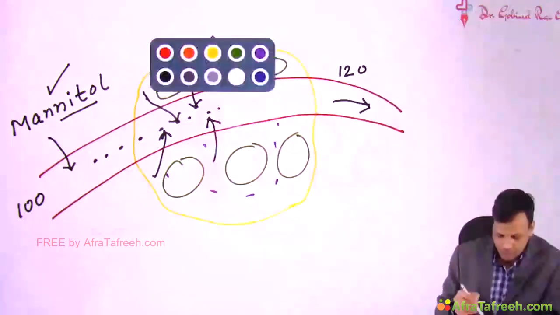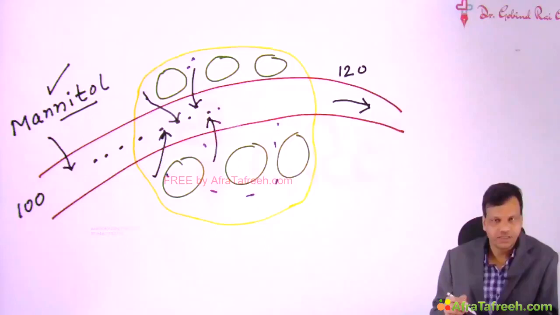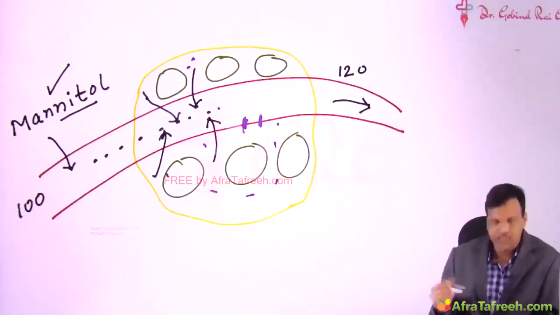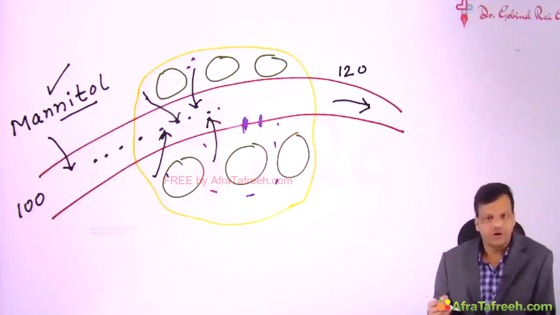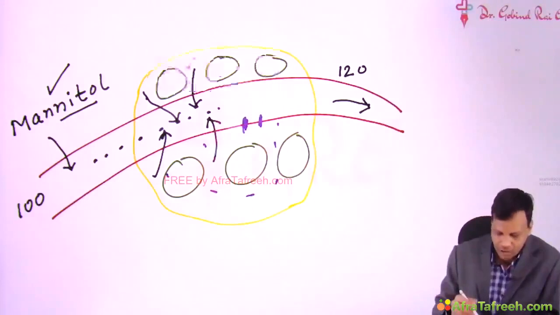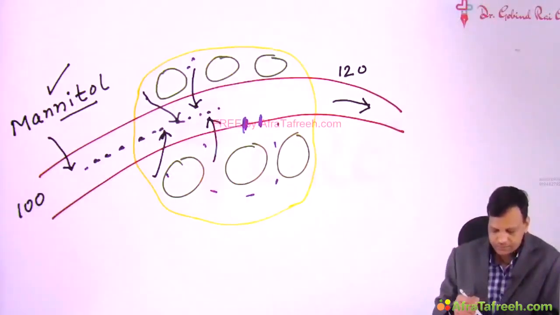Now, one important problem. Suppose a person is having cerebral edema and the reason for the edema is cerebral hemorrhage. Cerebral hemorrhage means the blood vessel has ruptured here and this rupture of blood vessel is resulting in edema. Now we give mannitol to treat the edema. So what will happen is, now mannitol, as it is filtered by the blood, so mannitol will come in the brain.